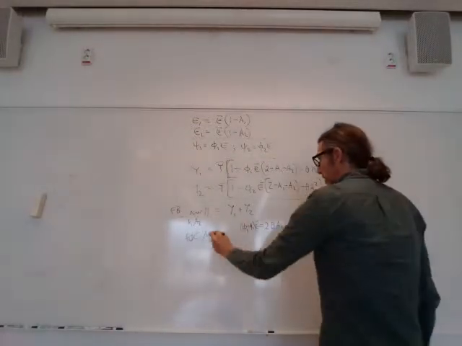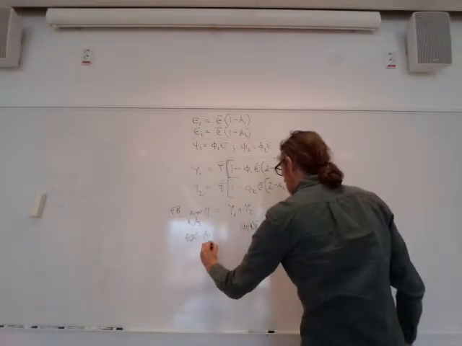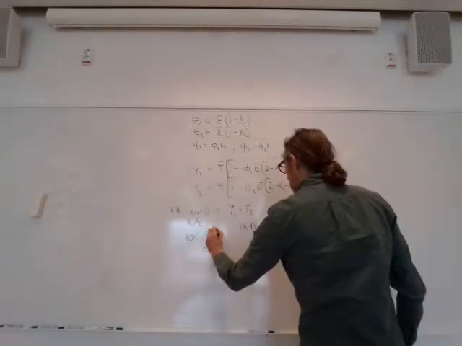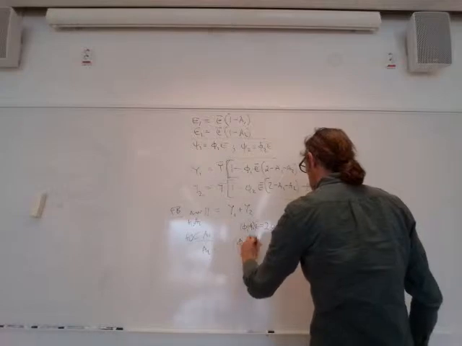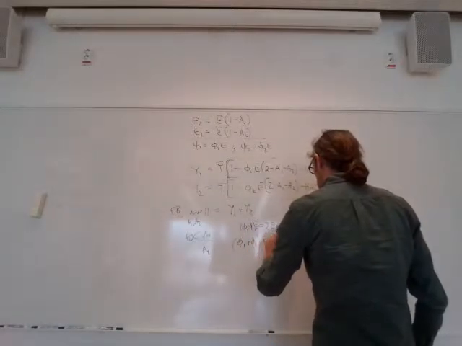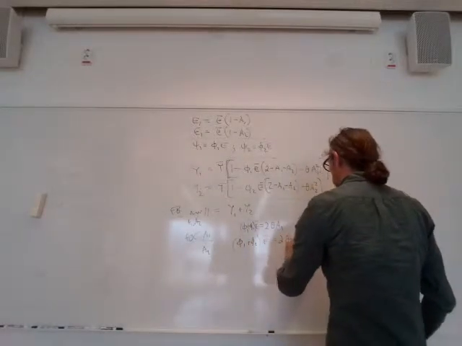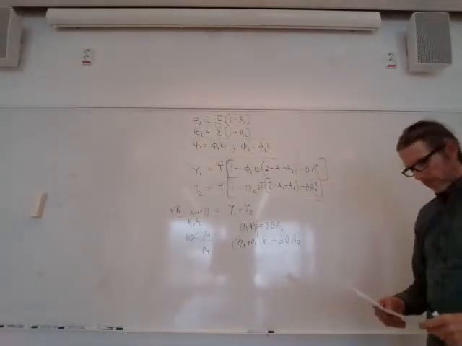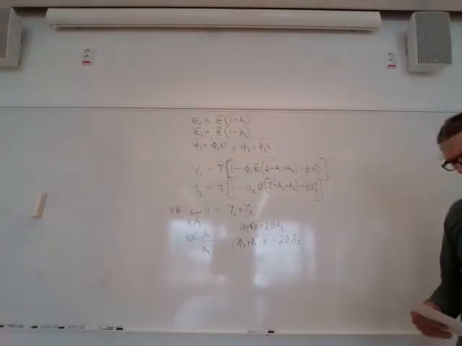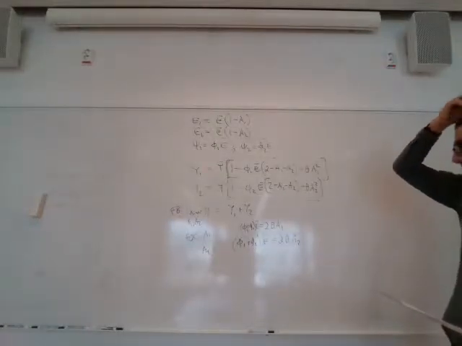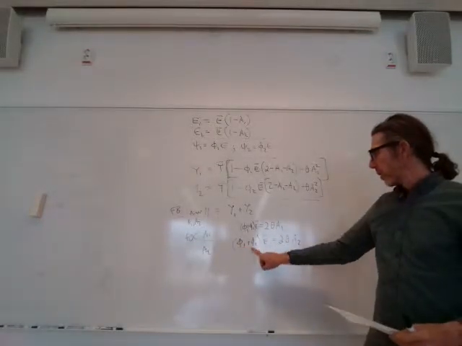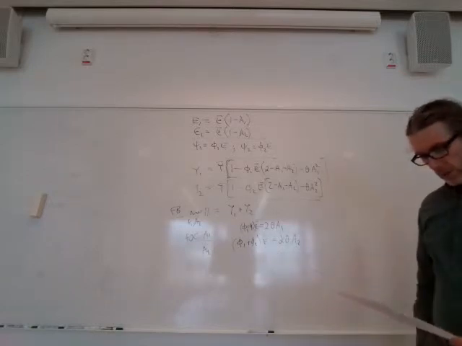And then the first order condition in A2 by symmetry is going to be phi1 plus phi2 E bar equals 2 theta A2. Sorry, did I say theta? Phi1 plus phi2 E bar is 2 theta A2.